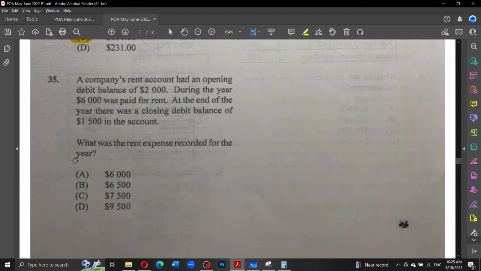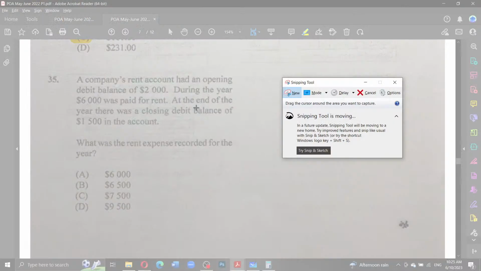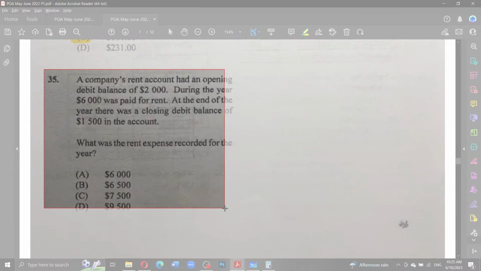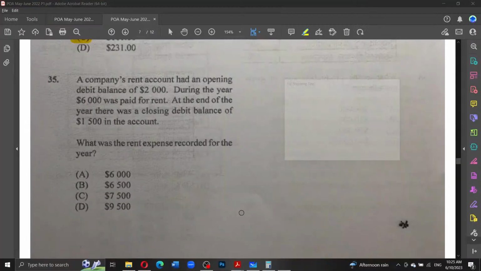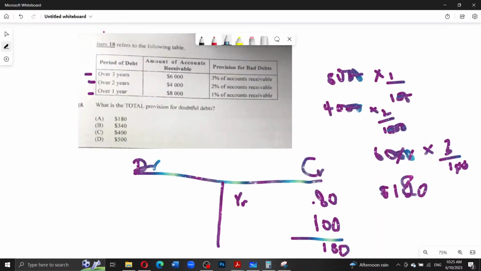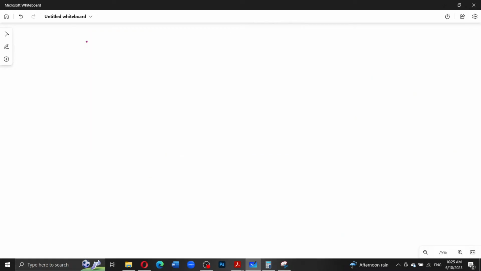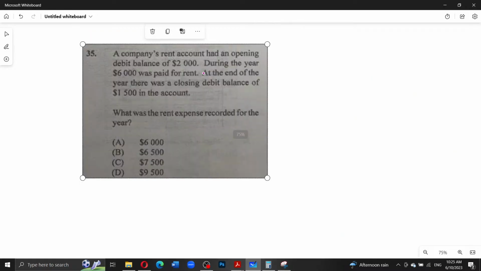Moving on to 35. A company's rent account had an opening debit balance of $2,000.